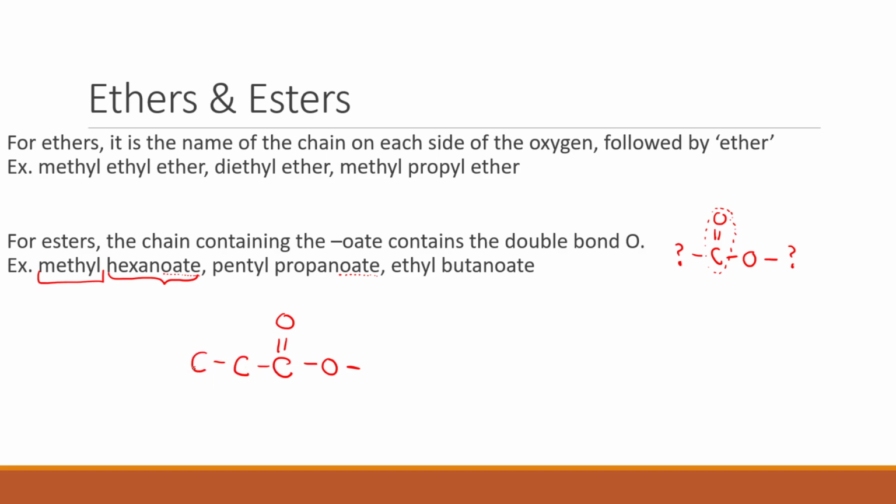Meth, eth, prop. 3 carbons in a row here. And then the pentyl means that I have a branch coming off of this O, and it's going to be 5 carbons big. 1, 2. And to finish up the drawing, you put your H's around to make sure every carbon gets 4 bonds.